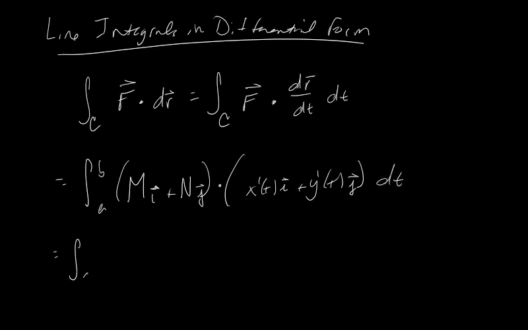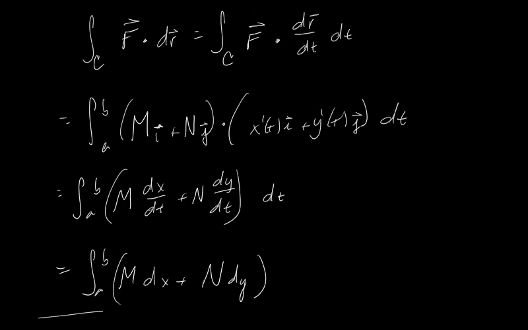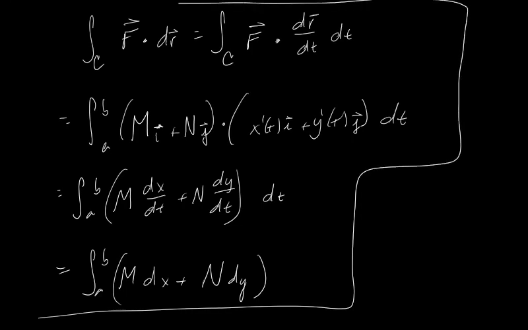That is equal to the integral from a to b of M dx/dt plus N dy/dt, dt, which is just equal to the integral from a to b of M dx plus N dy. And there you go. So it can be very handy to think of it in this differential form. Pretty straightforward to evaluate that particular integral.